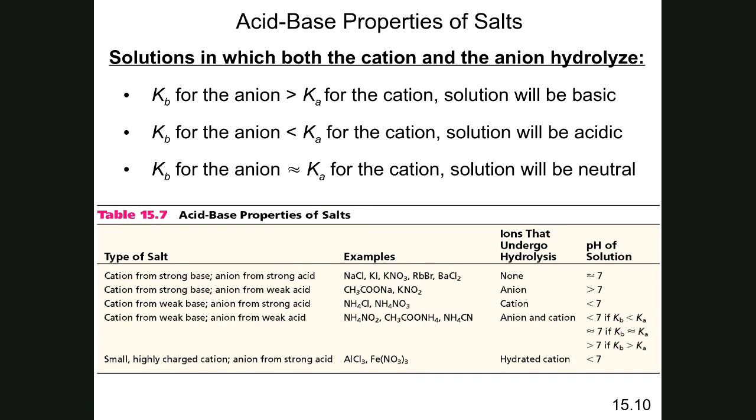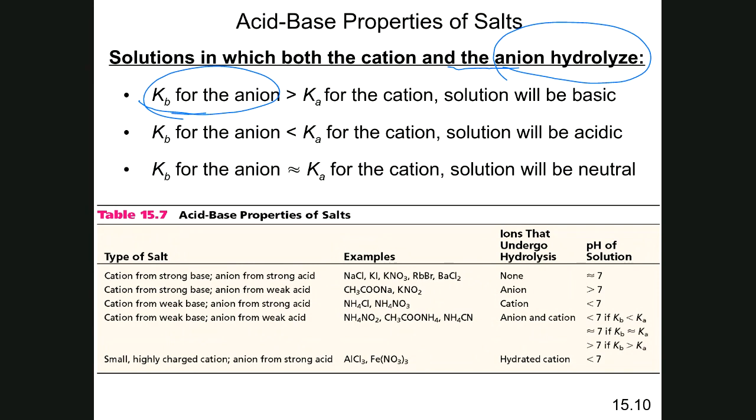If it's coming from a weak base and a weak acid, what would the salt solution be? Is it going to be acidic or basic? It depends on whether the weak base is stronger or the weak acid is stronger. How do we know a stronger base?